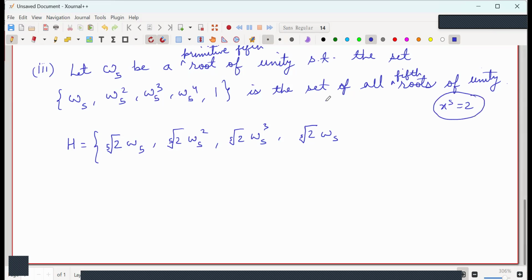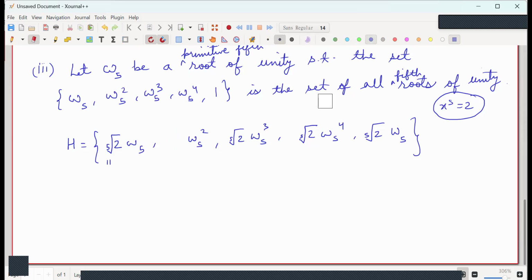So there will be 5 solutions, and these 5 are all distinct. So these will be the solutions of this equation, and these are going to be the 5 fifth roots of 2. So you understand what this number is, right? This is 2 raised to 1 by 5.